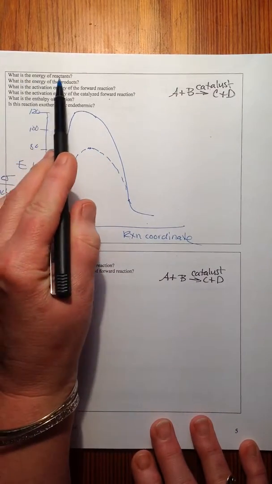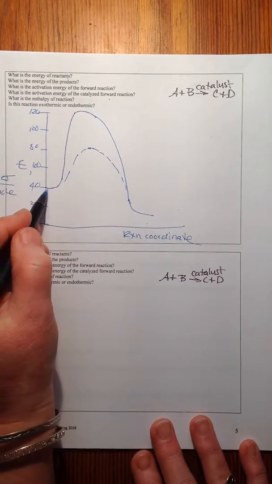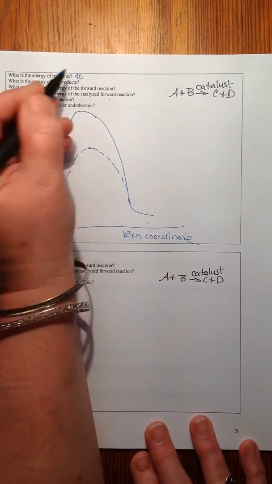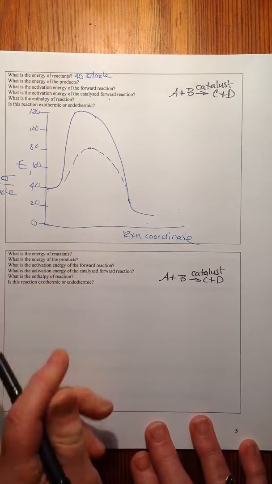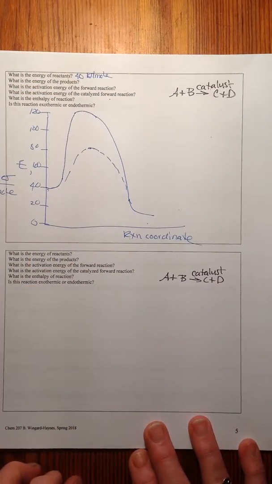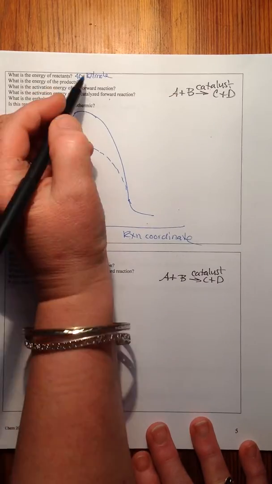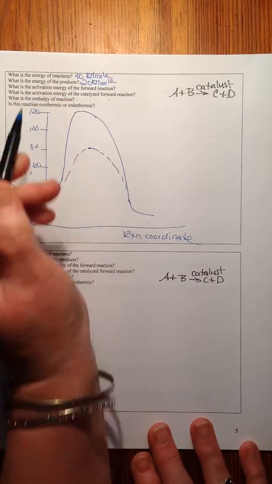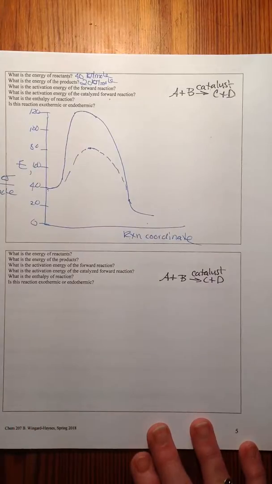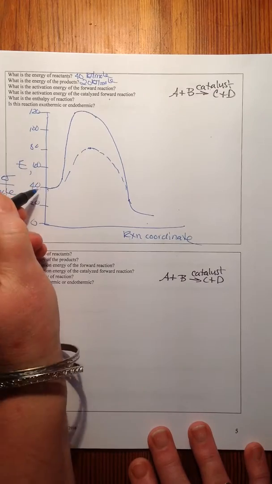So what is the energy of the reactants? Well, the reactants are right here, so that's 40 kilojoules per mole. What is the energy of the products? 20 kilojoules per mole. What is the activation energy of the forward reaction?